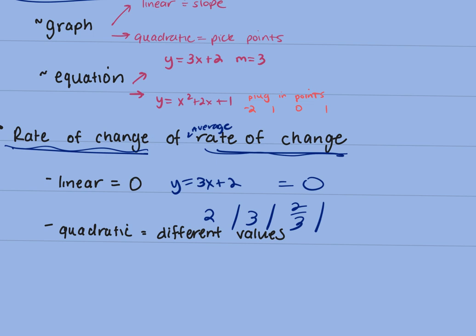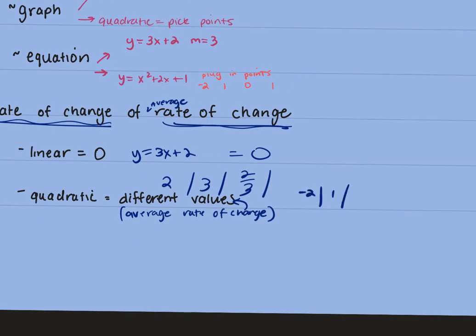But it is not 0 because, I don't know if that's confusing, the average rate of change has different values. But the rate of change of the average rate of change is constant for quadratic. It is 0 for linear. It is constant for quadratic. But you have to find it. And you have to find it by doing negative 2, negative 1, 0, 1. Then find your rate of change. Then find the rate of change of that.